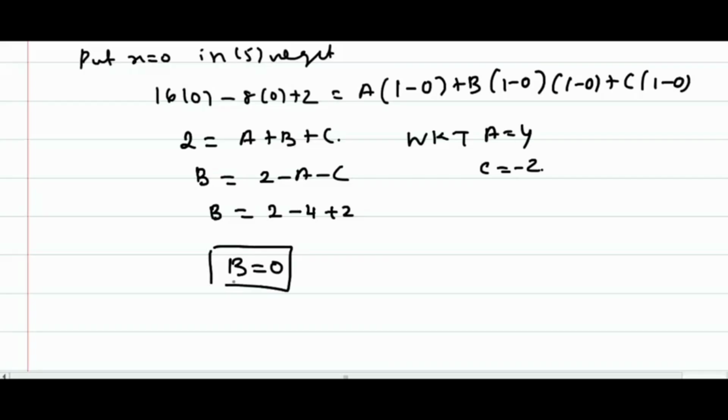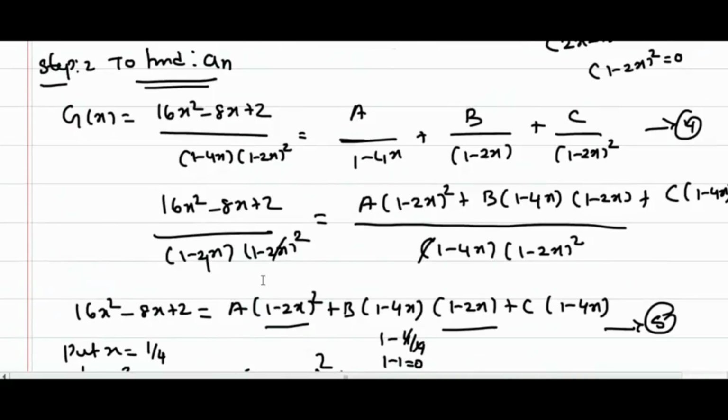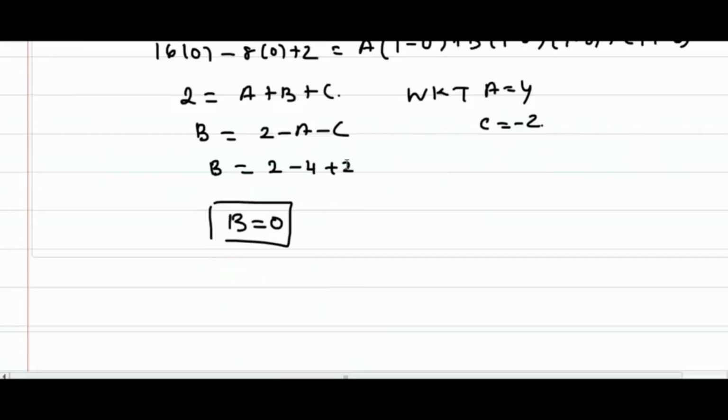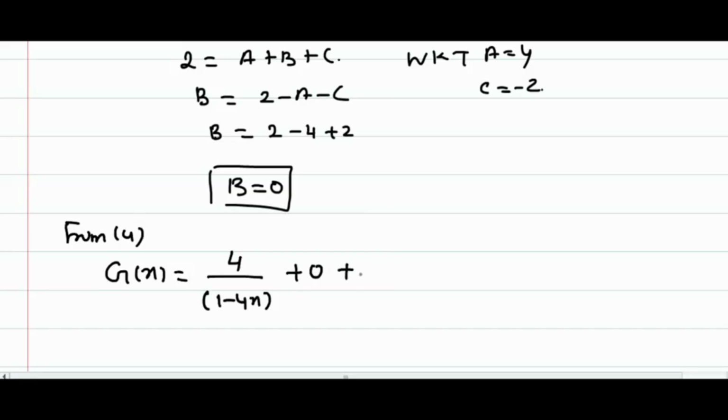So using a value, b value, c value, we can write equation number 4 as follows. Substitute a value, b value, c value in equation 4, we get: from 4, left hand side is g of x, equal to a value 4 into 1 by (1 minus 4x), plus b value 0, plus c value minus 1 by (1 minus 2x) whole square.